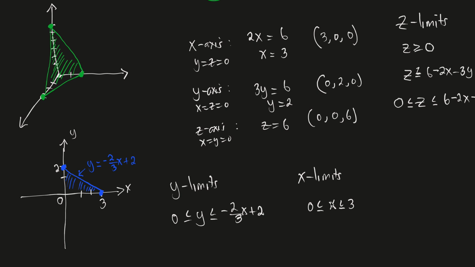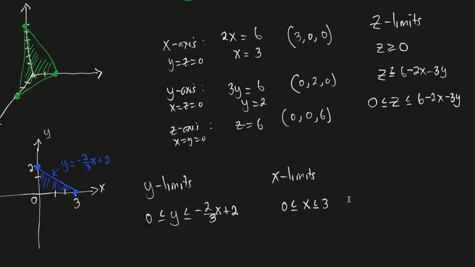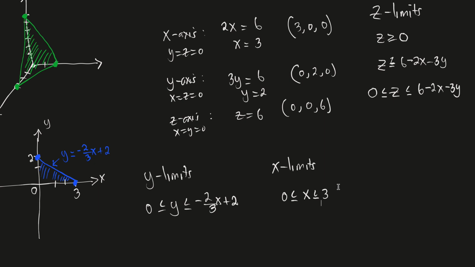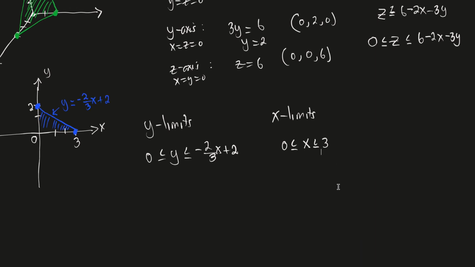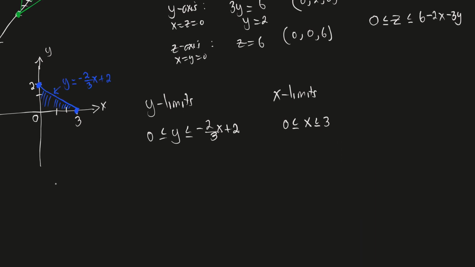All right, so let's put this all together now and make sure we set up a valid triple integral, and then see how we can evaluate this, right? So let's write this down here. So three integrals.